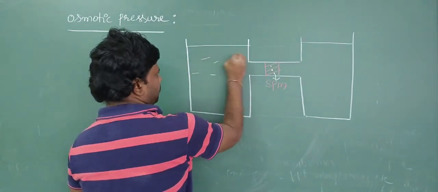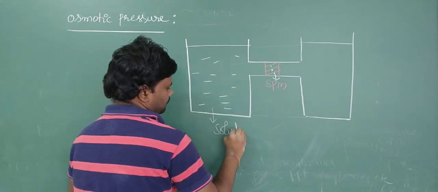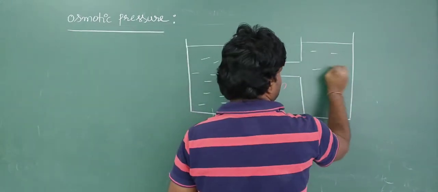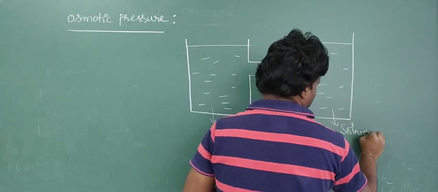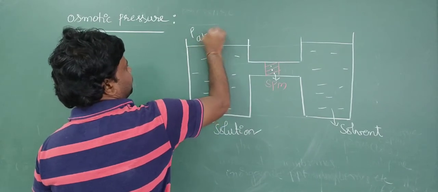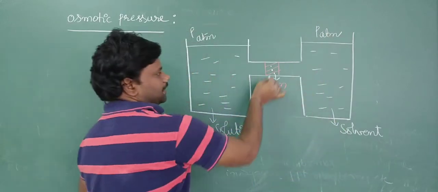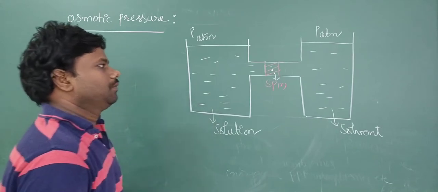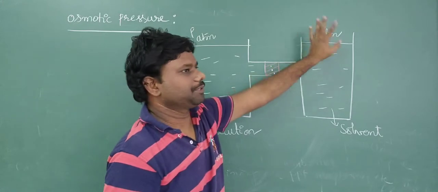Here we have taken solution. Here we have taken solvent molecules. Its pressure is P atmosphere. This semi-permeable membrane is used to separate the two vessels. Here the pressure is also P atmosphere.